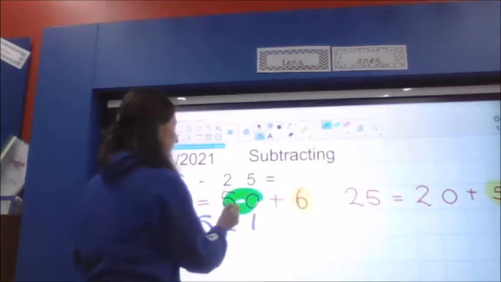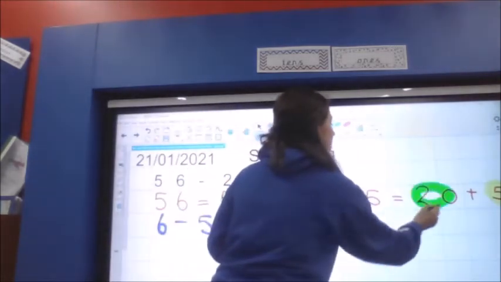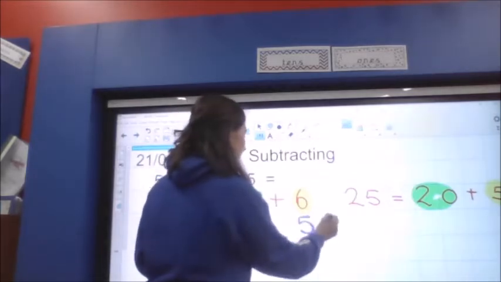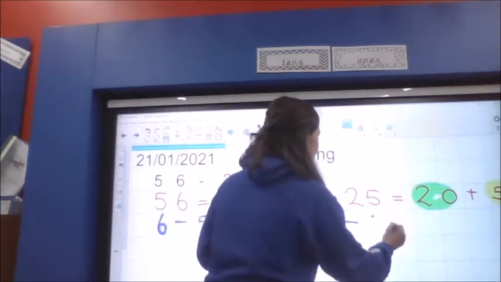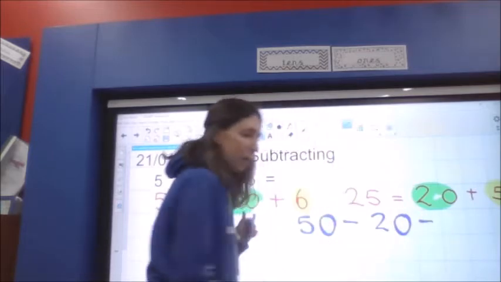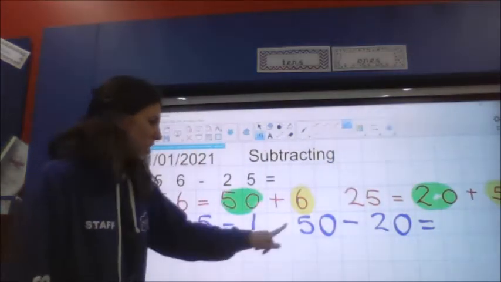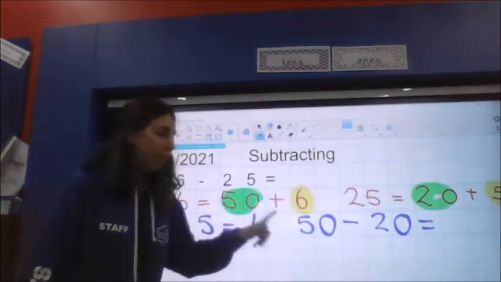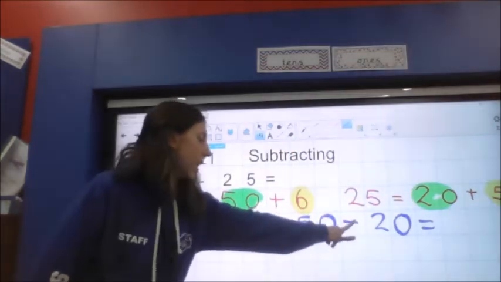So I've got 50 and 20. Remember, I'm subtracting, so I need to do 50 take away 20. And what we can do for that one when we're subtracting is we can sort of imagine that our zeros aren't there and think about 5 tens take away 2 tens.